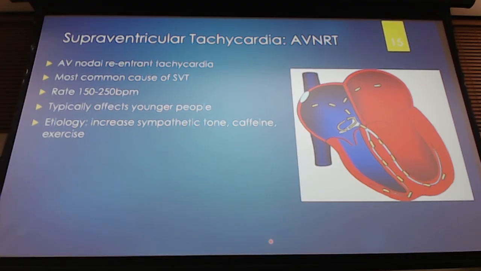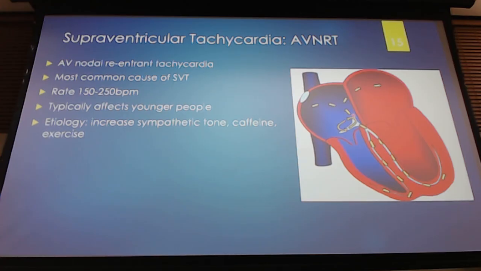The way that AVNRT works is that we still have a depolarization that starts from the SA node. It's coming down and it goes towards the AV node, goes over to the left atrium, no problem. The problem is at the AV node. At the AV node, we have this re-entrant circuit.